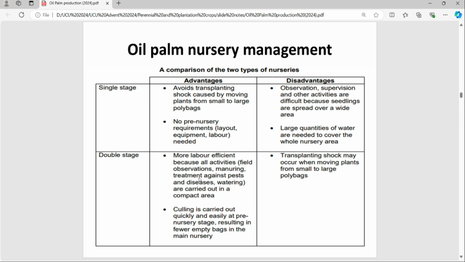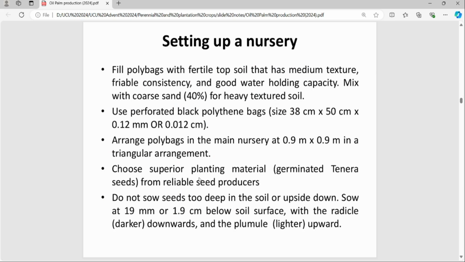So it is easier to reduce the number of pots that are missing seedlings. But the main disadvantage is that there is normally transplanting shock that may occur when you're transplanting from one pot to another.